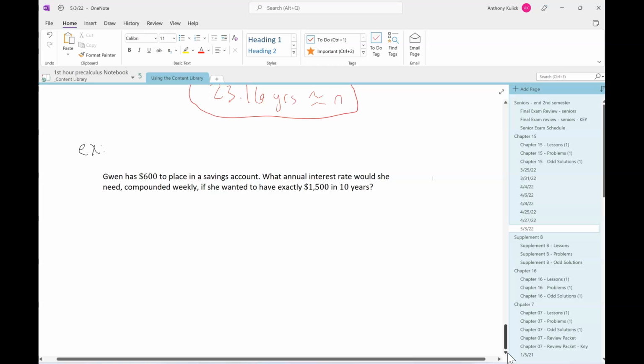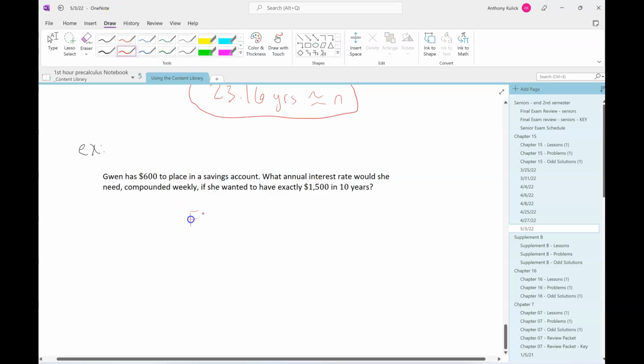Another kind of problem we can have says Gwen has $600 to place in a savings account. What annual interest rate would she need if it's compounded weekly if she were to have exactly $1,500 in 10 years?